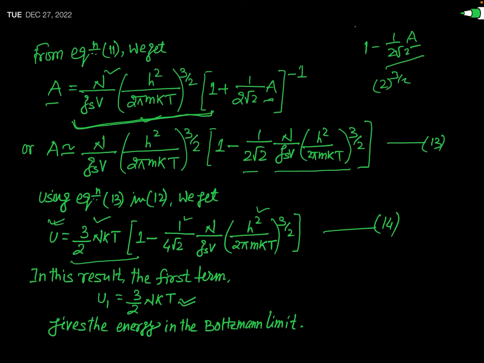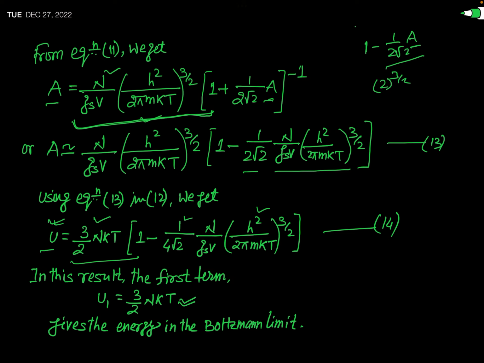That is, the gas obeying the classical statistics has an energy 3 by 2 nkt at temperature T. So the first term on the RHS of this expression for energy U represents the energy of an ideal gas in case of Maxwell-Boltzmann statistics or classical statistics.